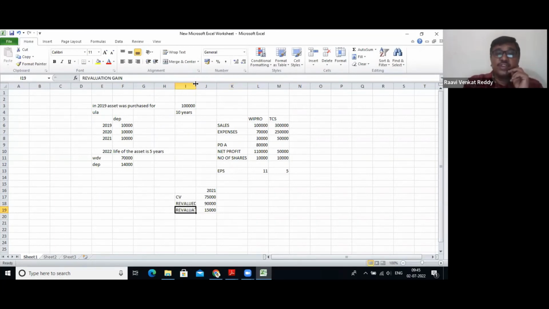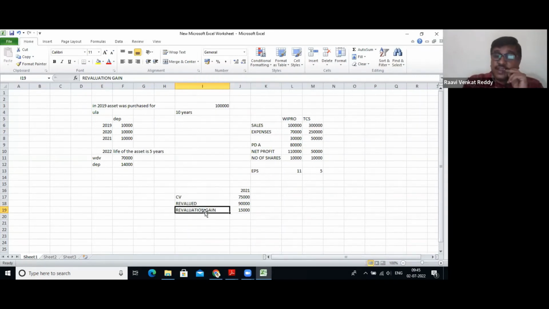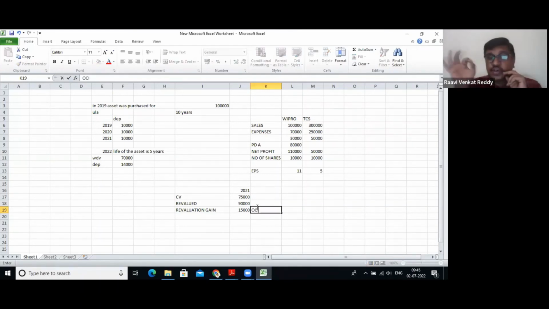Now here you need to understand that this revaluation gain of 15,000 we need to show in OCI. You cannot show the revaluation gain or loss under the statement of profit or loss. You need to show this revaluation gain in other comprehensive income.